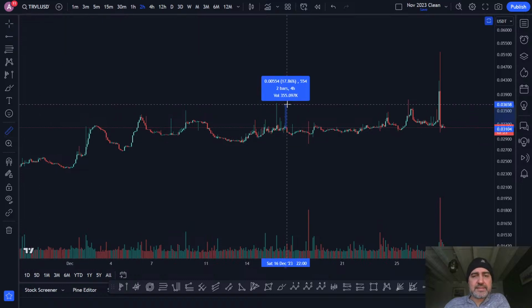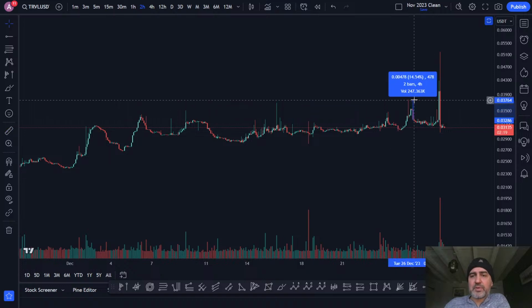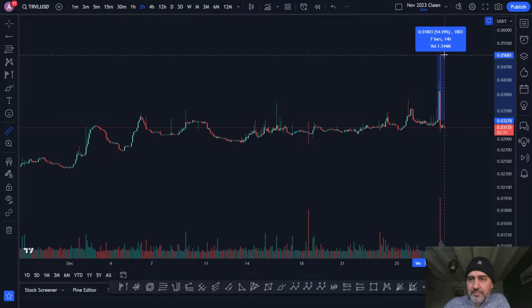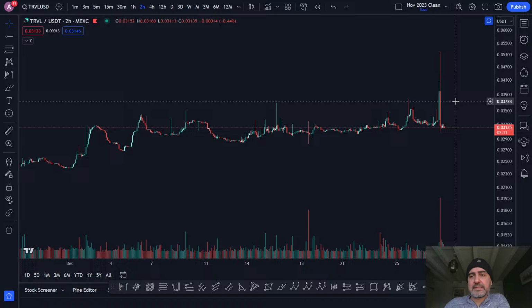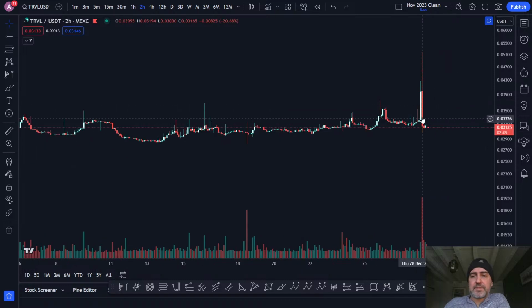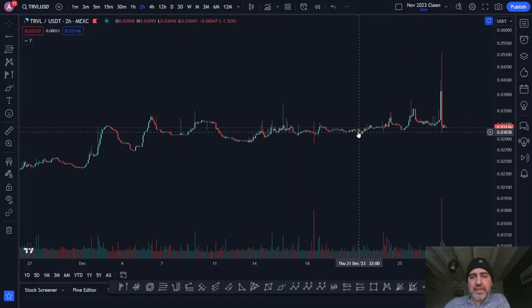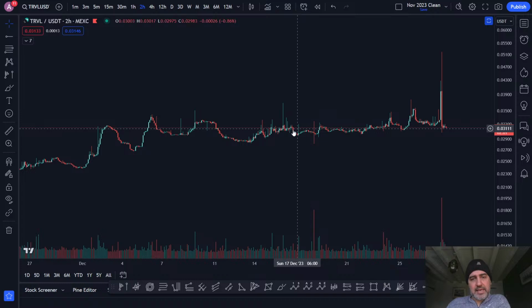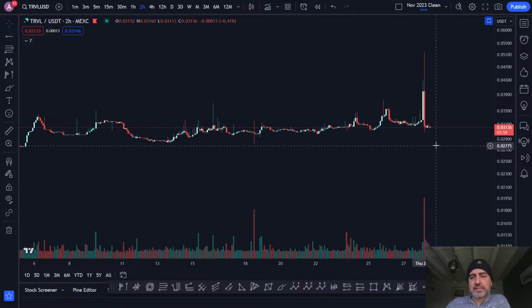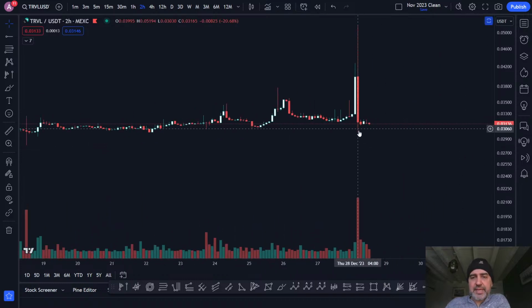That's 17%. Look, this wick is 14%. Last night's wick went up 57%. So people can take a little bit of profit, just little bits, and then they can just buy the dip. Anyway, today I bought the dip based on that.